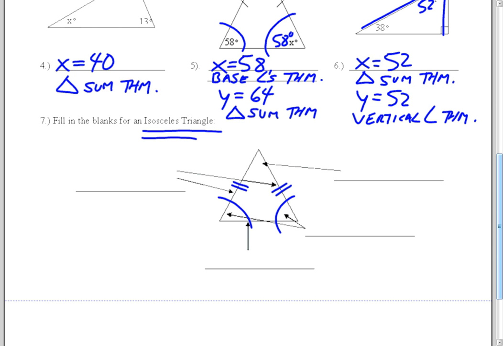What have I been calling these equal angles? Base angles. That's what we're looking for over here. Anybody who's done the reading, do you recall what the other angle is referred to as? If it's not a base angle, it's got a special name.